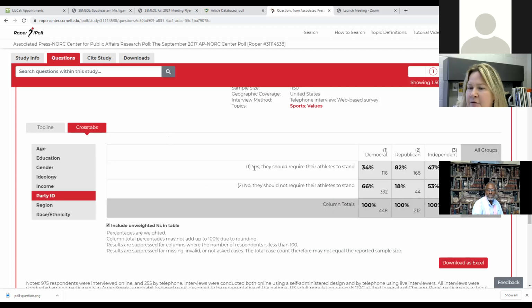You can see the yeses and the noes, and the breakdowns of those people who identified themselves with those parties. And the crosstab options are the same for each one: age, education, gender, ideology, income, party, region, race, ethnicity. You can click around on something like that.